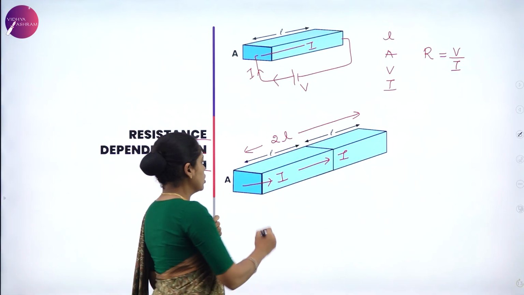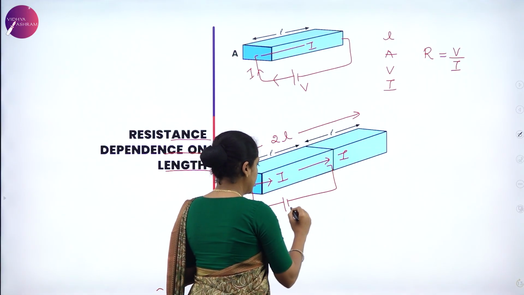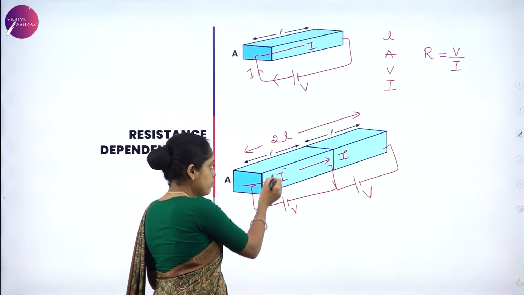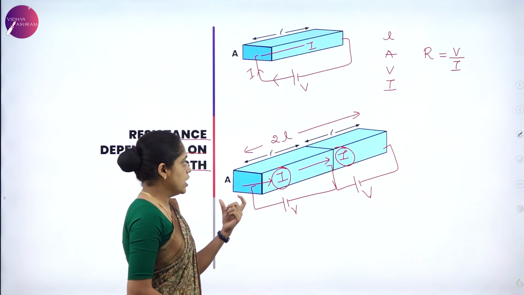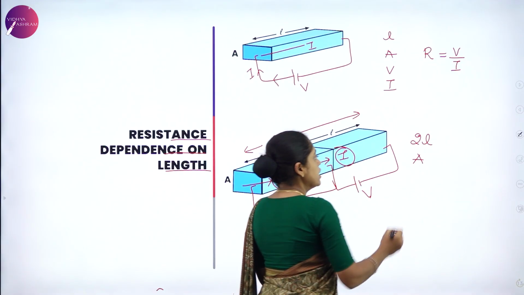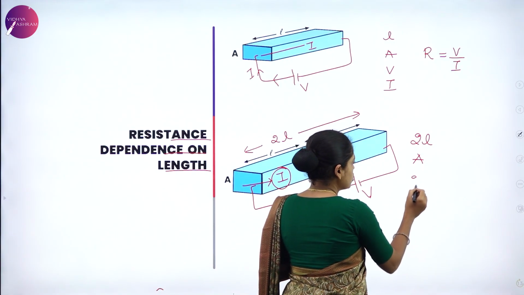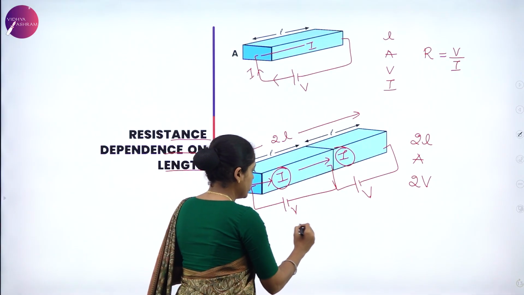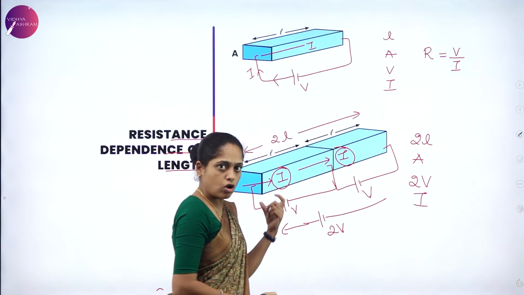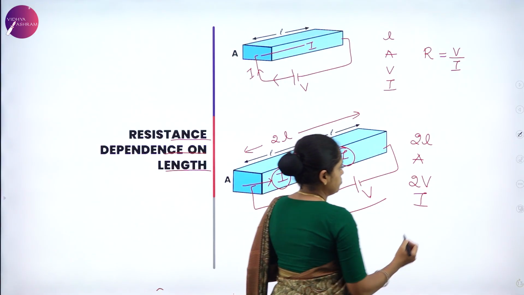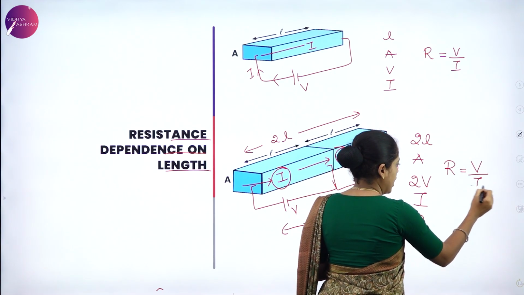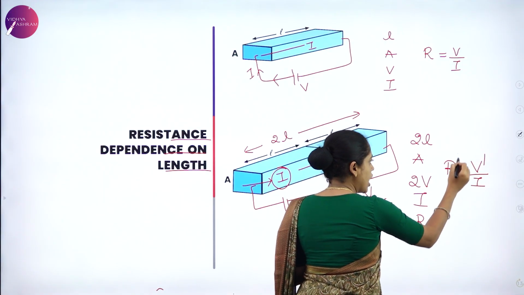As the same current flows, the potential difference across conductor 1 and conductor 2 is V and V. Now, for this combination, length is 2L, area of cross section remains the same, but the voltage across the combination is 2V, and the current in this combination is I. The resistance R is calculated by V by I, where V changes, therefore R changes.